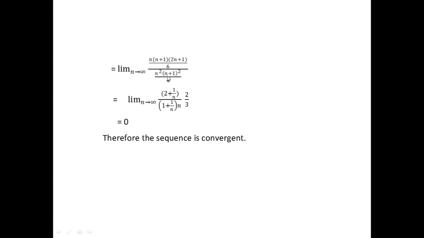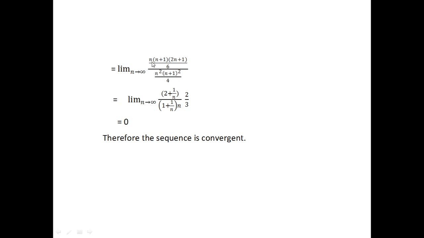The denominator is n plus 1 whole square; taking n common, since the square is there, this n comes along with the square. So n square into n square, n to the power of 4 into 1 plus 1 by n whole square, and this will be the denominator term.